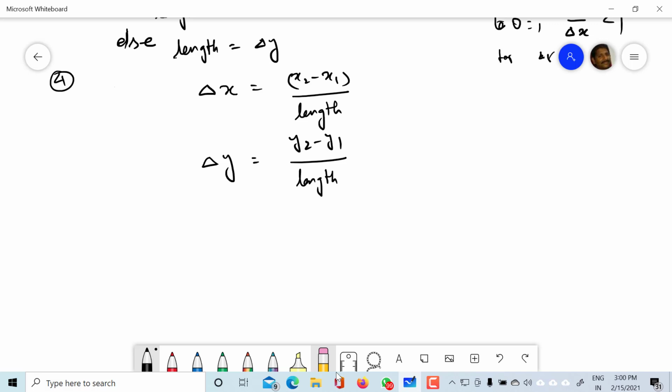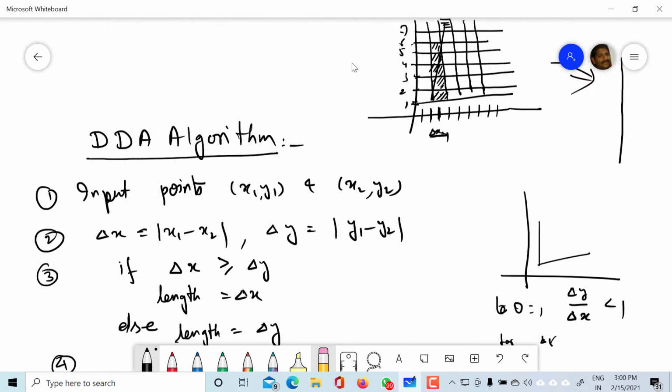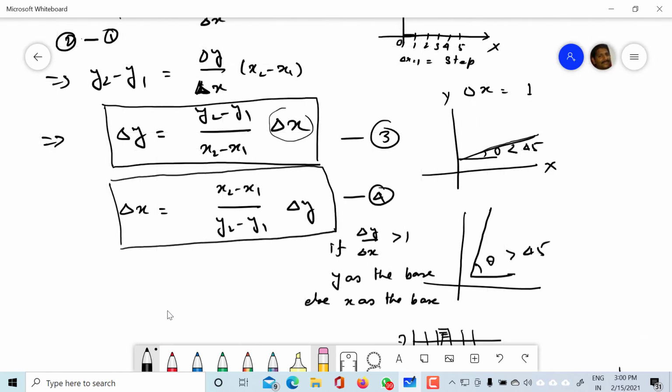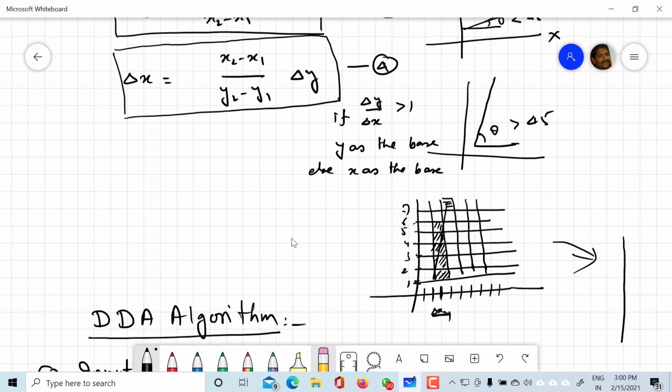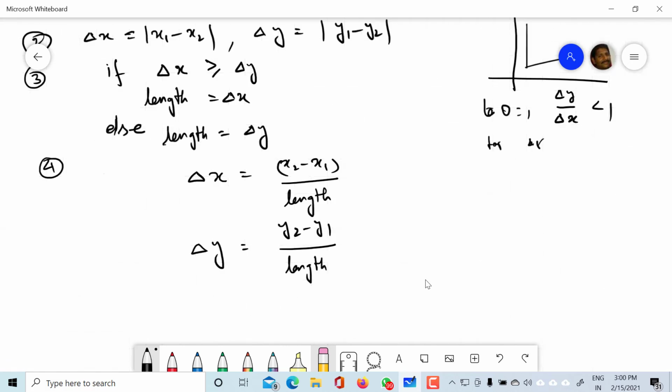What was the formula? See here, we have discussed that delta x equal to x2 minus x1, and delta y equal to y2 minus y1, and delta y upon delta x equals y2 minus y1 upon x2 minus x1.